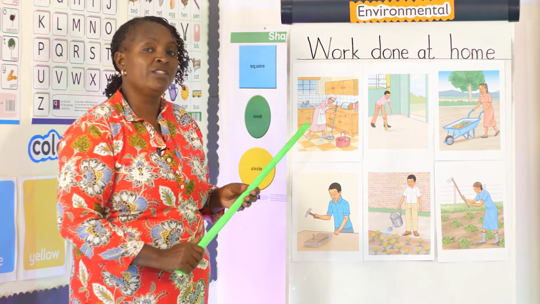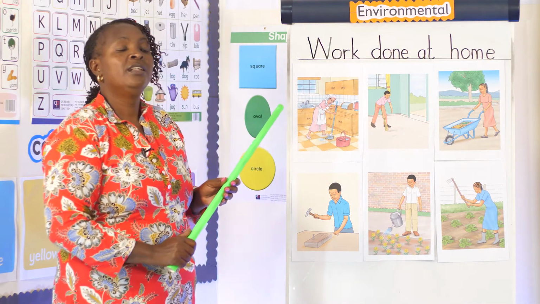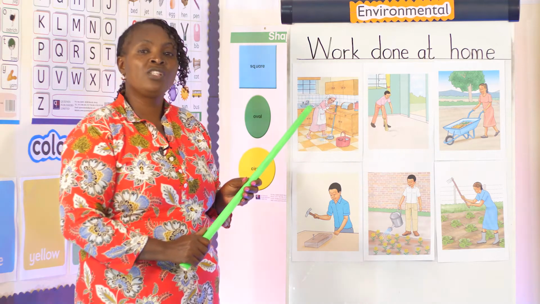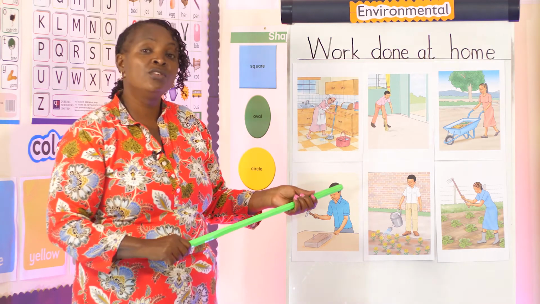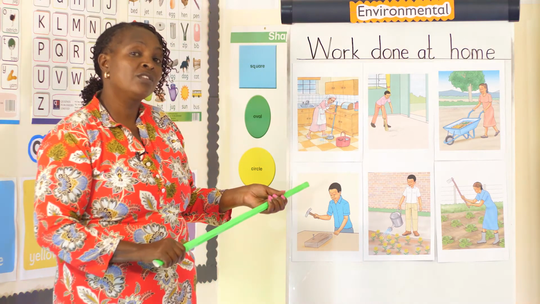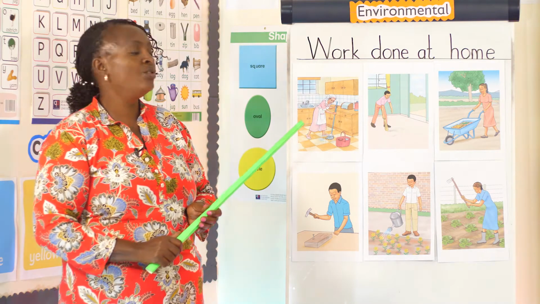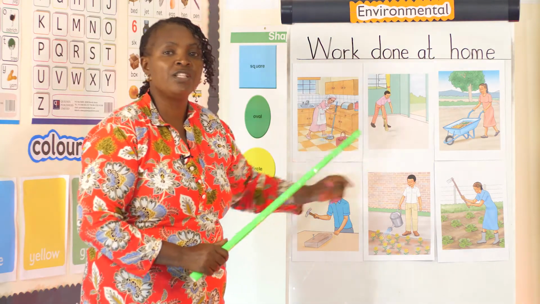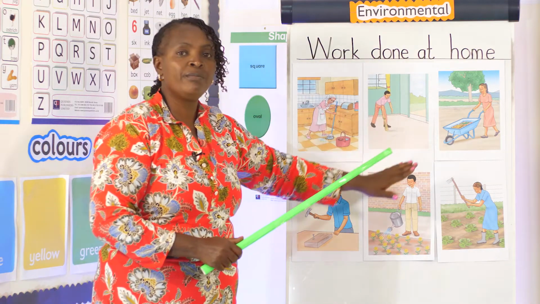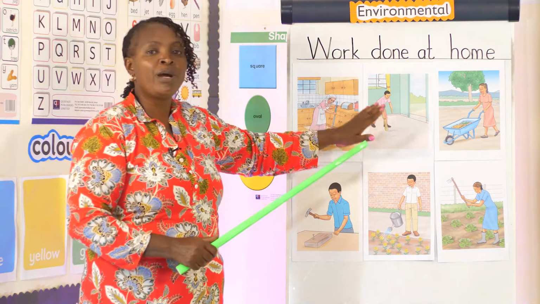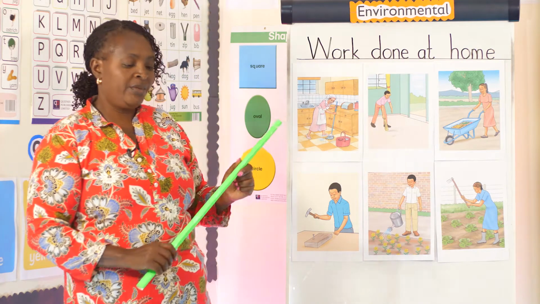You will see mommy on her desk, you will see daddy on his desk doing his work on the laptop because she cannot go to the office and because daddy can also not go to the office so that he does not get COVID-19. So a lot of work is done at home. Different people do different work at home, all for the good of keeping our home environment clean. Okay, children? Very well.